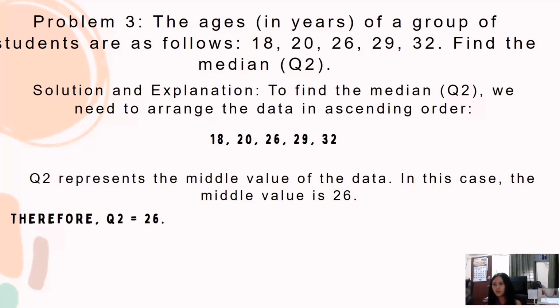To find the median Q2, we need to arrange the data in ascending order. 18, 20, 26, 29, and 32 are in ascending order, so we proceed. Q2 represents the middle value of the data. In this case, the middle value is 26. Therefore, 26 would be the median, or the answer for problem 3.